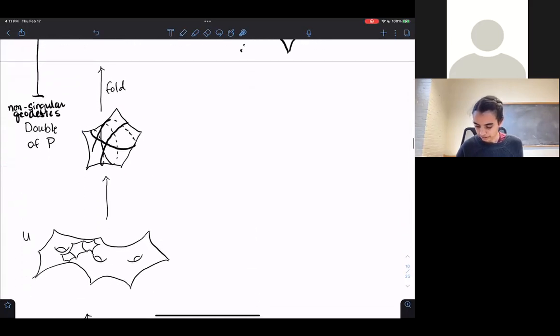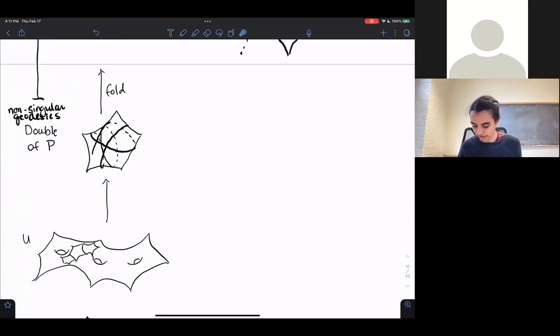Okay, so now I have some picture like this, some surface of genus G, and it's tiled by copies of my original polygon, and neighboring copies differ by a reflection. And it has a hyperbolic metric, except it has all these cone points at the vertices of the polygonal tiles. Okay, and here again, the non-singular geodesics go to the non-singular geodesics in the previous level.